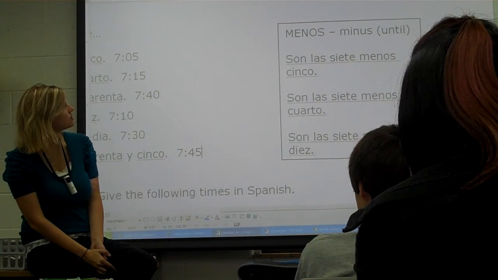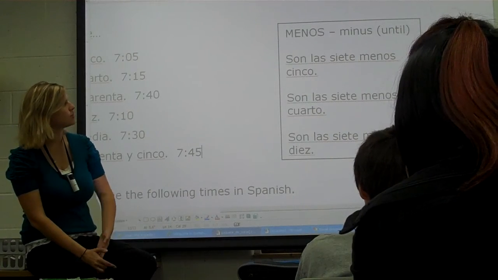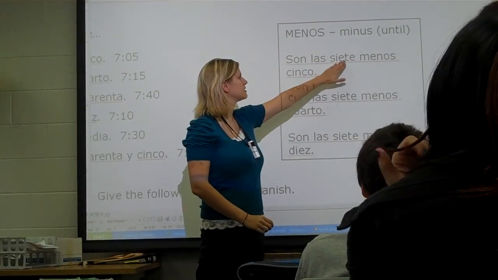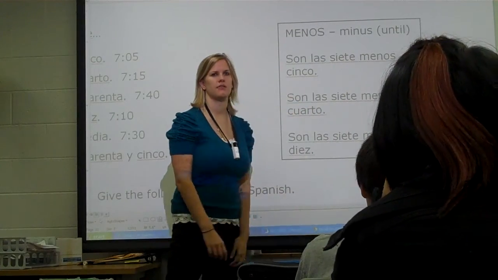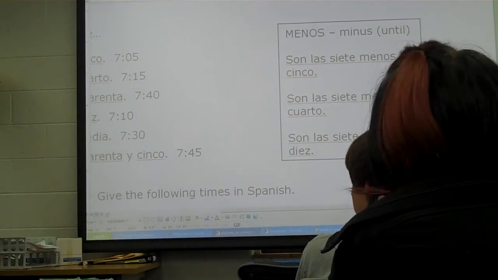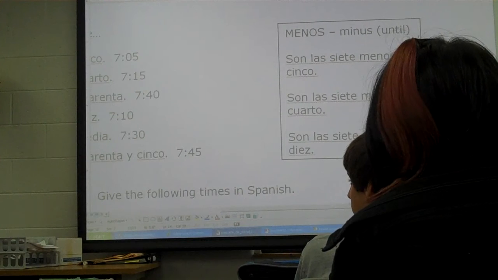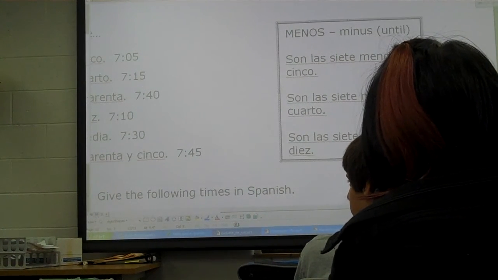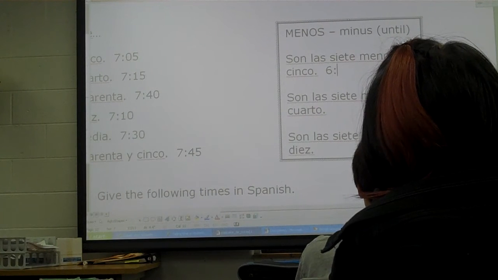All right. So, "son las siete menos cinco" is a way to be able to say that it is 7 o'clock minus 5, otherwise known as what time? 6:55. 6:55, you're absolutely right.